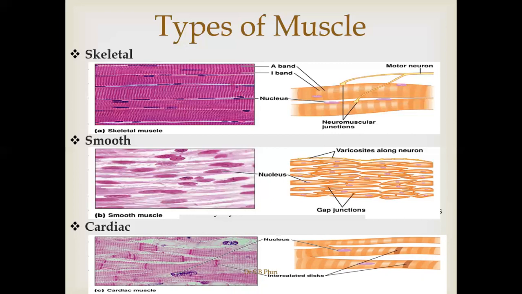Just know that cardiac muscle fibers are shorter compared to skeletal muscle fibers, because in cardiac muscle the fibers are separated by the intercalated discs, which you can see here.